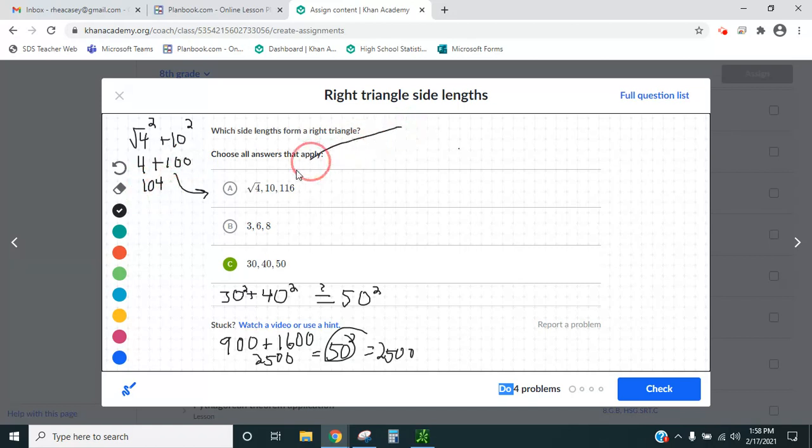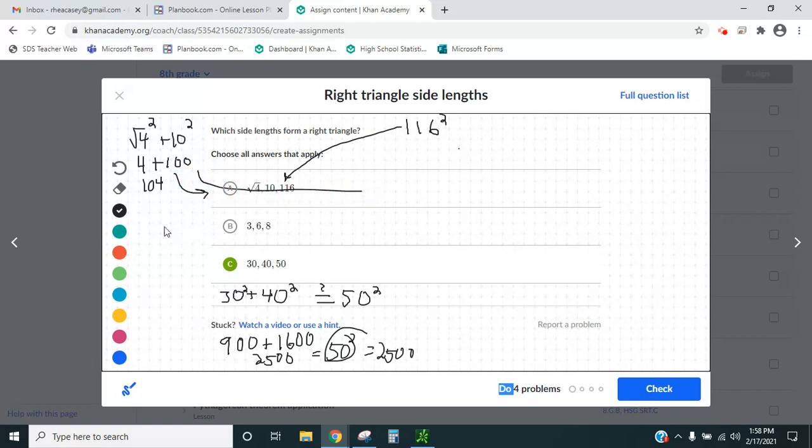Then ask yourself this question: does 104 equal 116 squared? No, this is some insanely large number, right? 104 is not equal to 116 squared. That's enormous, right? So it's not A.